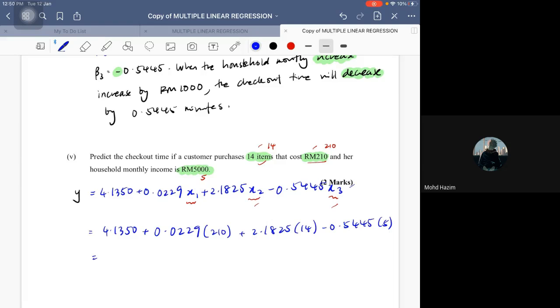So what is going to be the value of this? None of you have actually tried this.